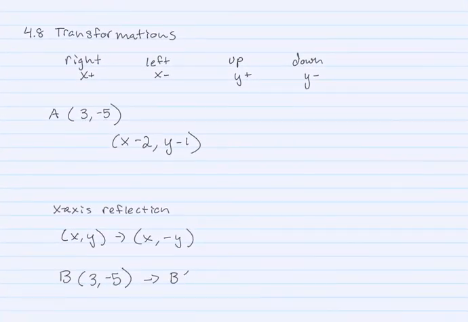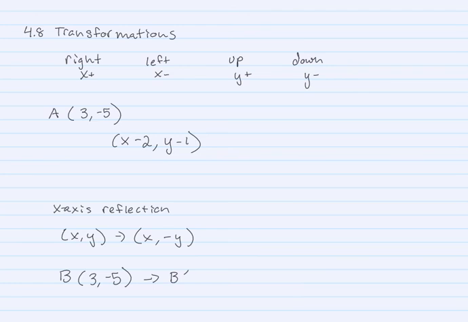And our last section was the odd section out of this chapter that uses transformations. So if I were to translate a point or a figure to the right, you would see x plus, and to the left you would see x minus, up you would see y plus, and y minus. So an example of that notation is right there, x minus 2, y minus 1.